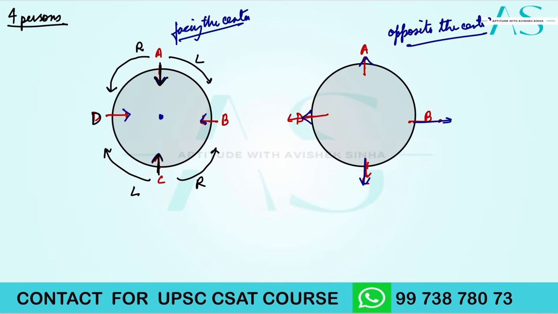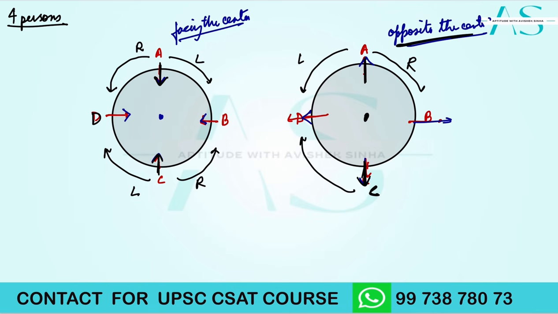Immediate left, immediate right. But in the same question, अगर ये arrangement given है that they are facing opposite the center, and then I ask you who is to the immediate right of A, तो इस केस में right B आ जाएगा, left A आ जाएगा. And if here we have C and they are facing away from the center, who's to the immediate right of C?